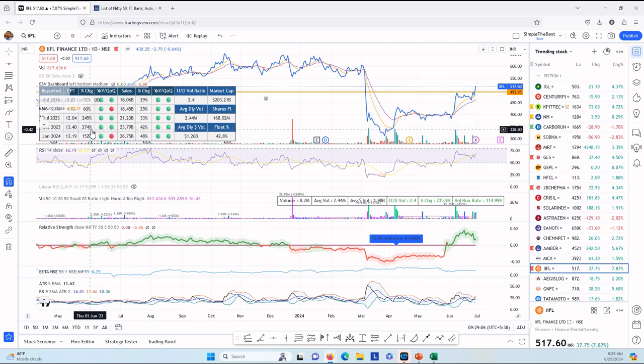It's not very huge, but it is decreasing somehow. At the same time, the sales are increasing. So it's kind of margin, but still I see this is a tough time for this stock.